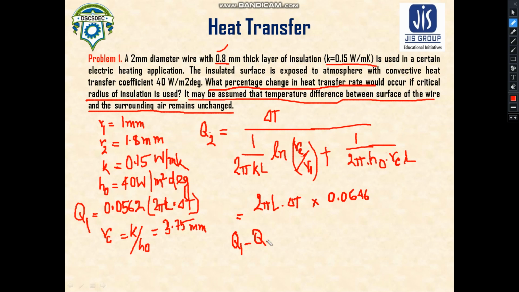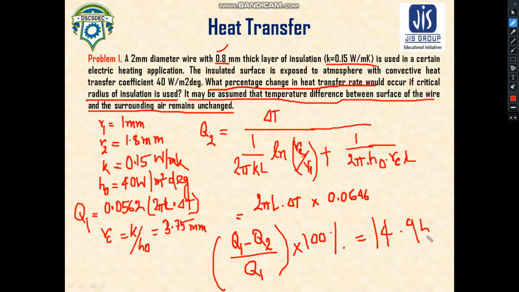This is a very rudimentary thing, and you know these things, so you just need to do this simple mathematical operation, and after doing this you will find that the answer is 14.95%.